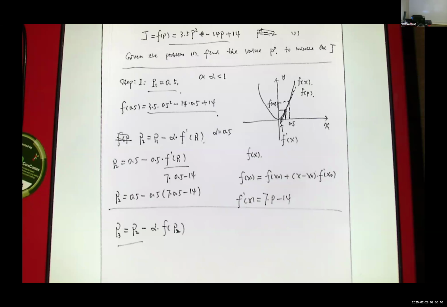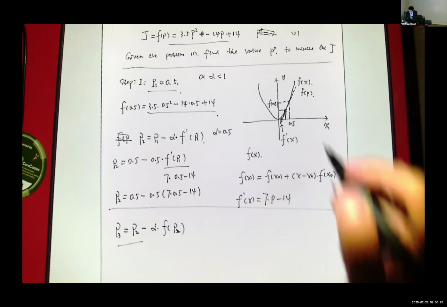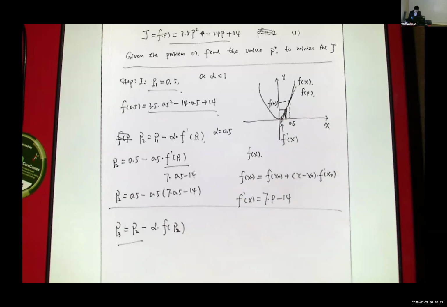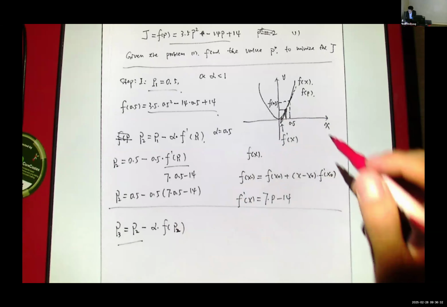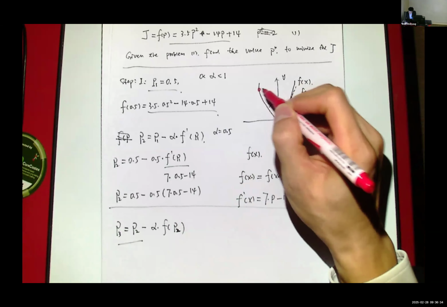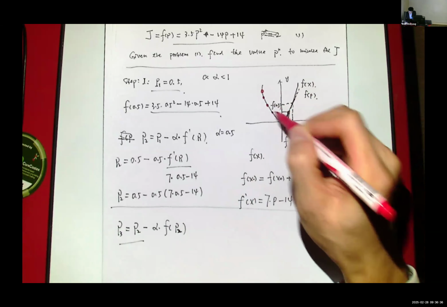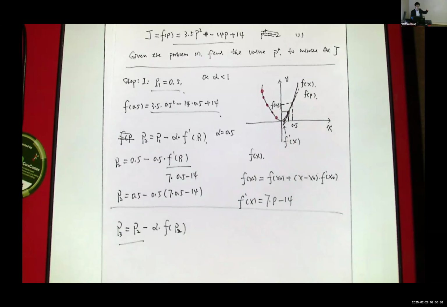Visualizing the process means you need to plot a function and let us know, for each iteration, what your process is. For example, visualize P1, P2.